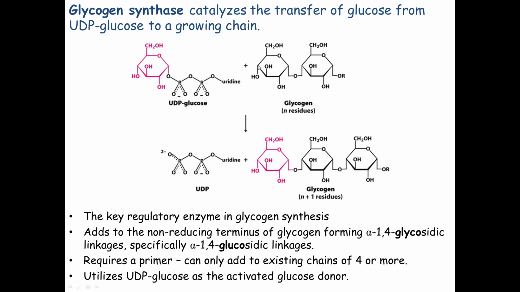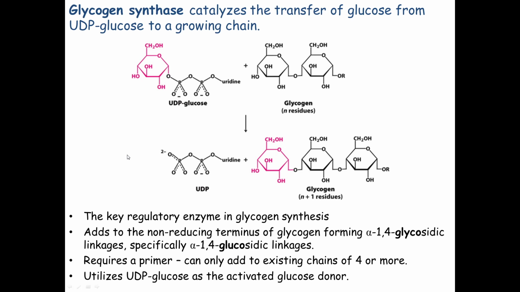So I can attach these 2 carbons to each other through a new glycosidic bond. UDP is an excellent leaving group, so it leaves. So I've made a new alpha 1,4 glycosidic bond, 1 here, 4 here. And more specifically, we can call it a glucosidic bond because it's between two glucose molecules. You don't have to know that. It's just another name for it.